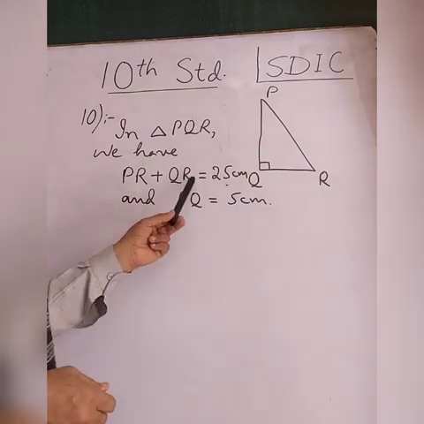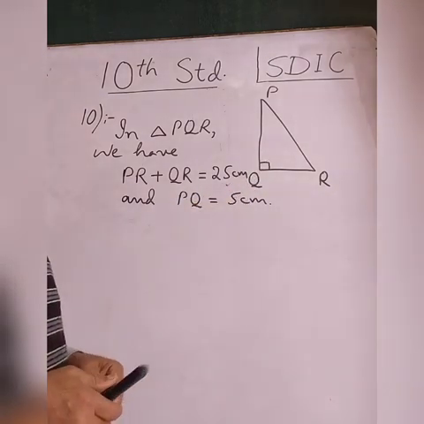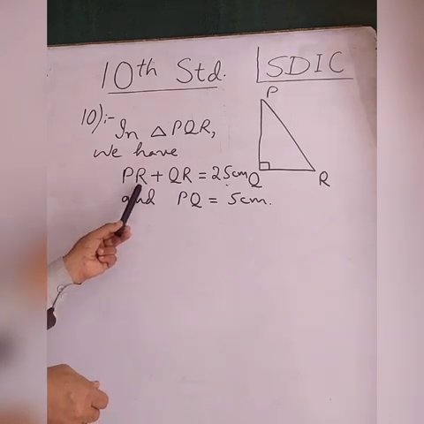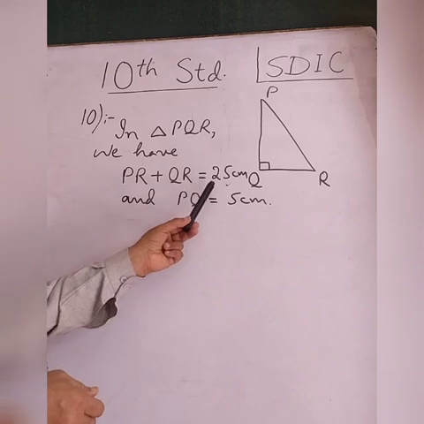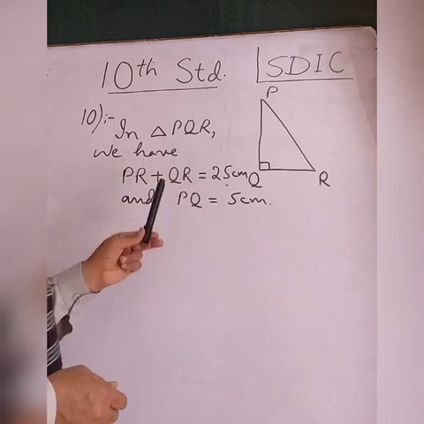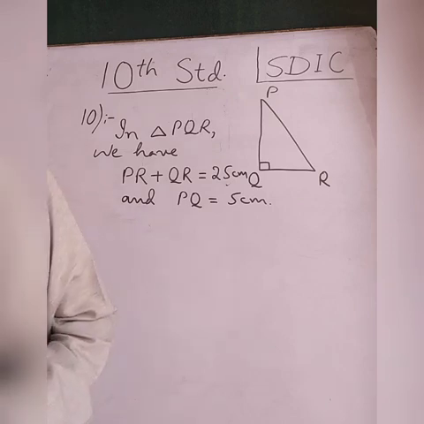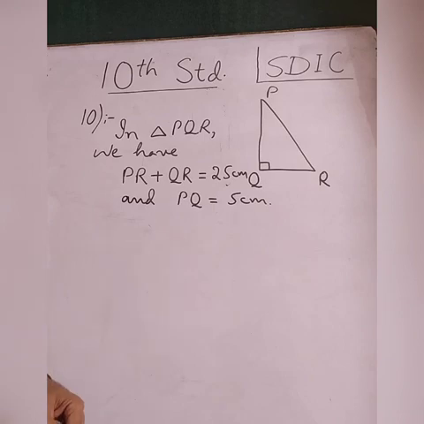The remaining two sides have sum equal to 25 centimeter. So our first effort will be to find the measures of these PR and QR, which have sum equal to 25 centimeter. Now, after finding those individual sides, PR and QR, we are asked to determine the values of sine P, cos P, and tan P.